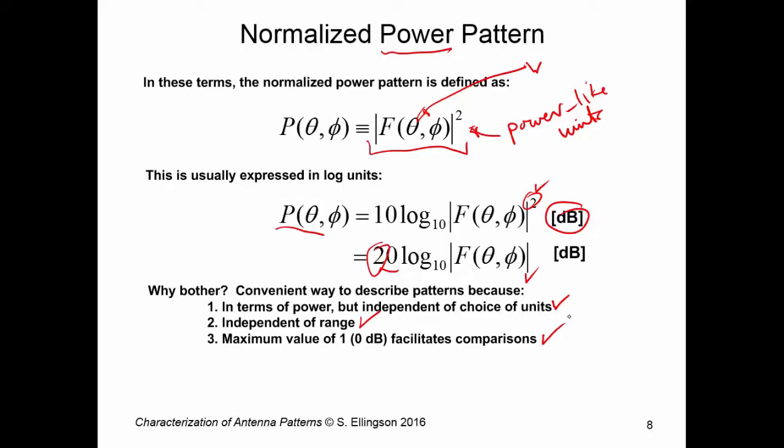Third reason, it has a maximum value of 1, 0 dB, so it's really easy to compare the patterns. So for the electrically short electric current element, the normalized magnitude pattern, the normalized field pattern, was sine theta, so the normalized power pattern is magnitude sine theta squared.